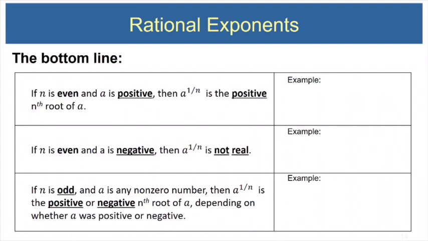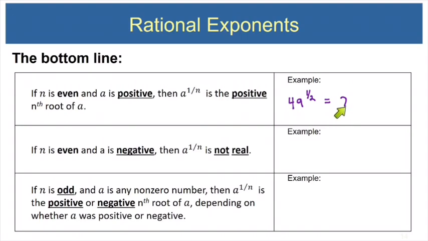So let me try to bottom line this for you and give you some guidelines to go by. If the denominator of your exponent is even and a is positive, then a to the 1 over n is the positive nth root of a. So for example, 49 to the 1/2 power is 7, because we're looking for a number whose second power is 49.